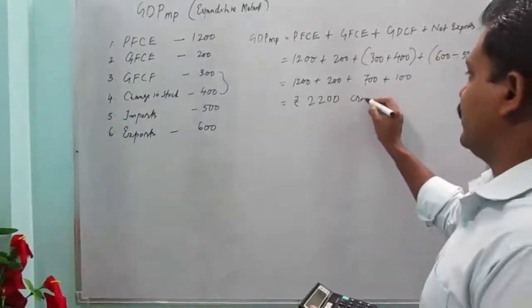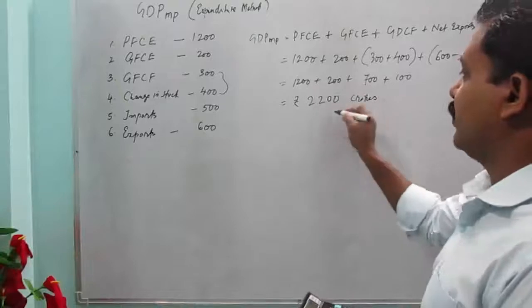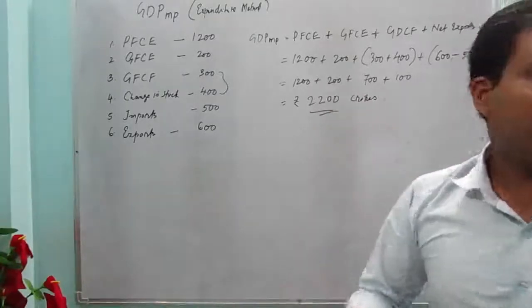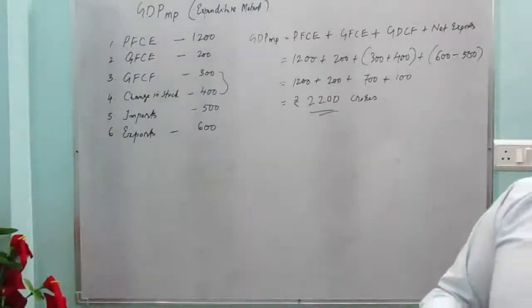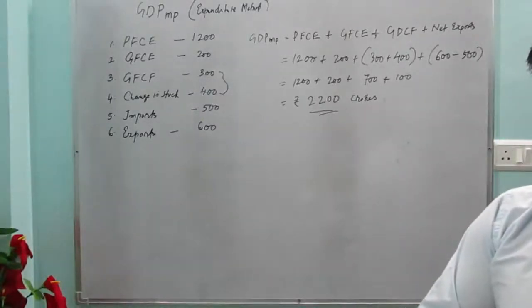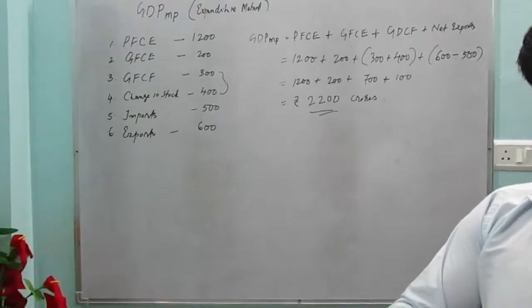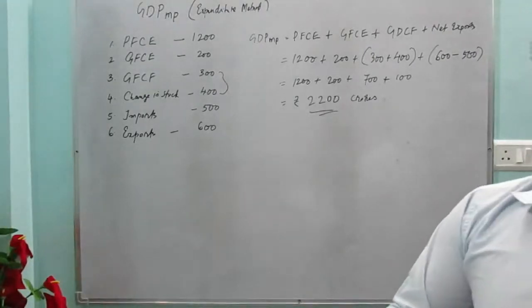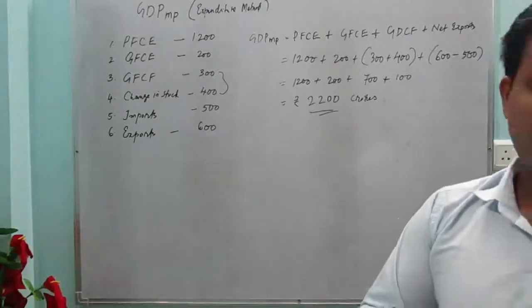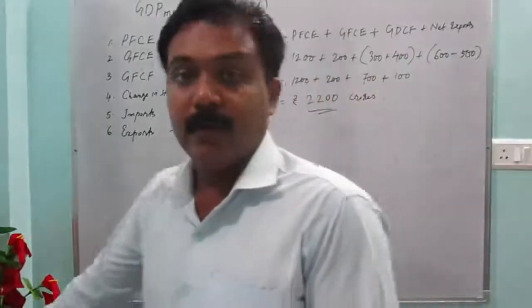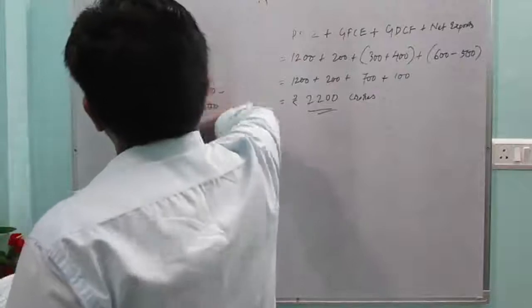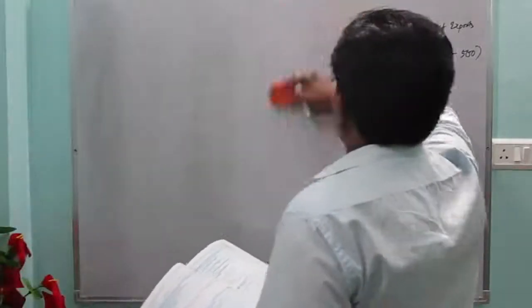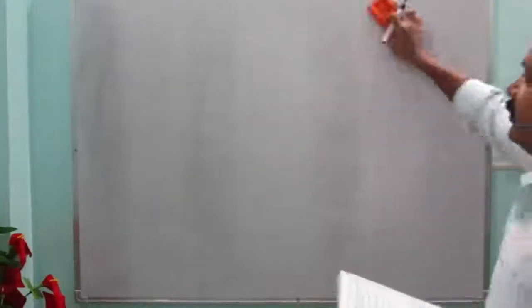If it is given in rupees crores, then you have to write the answer like this. Then next one, going with the next numerical. This I hope is simple and you understood this.